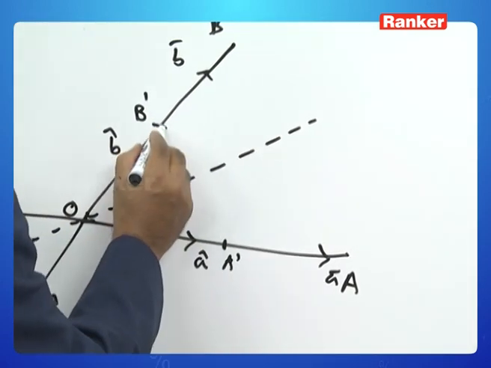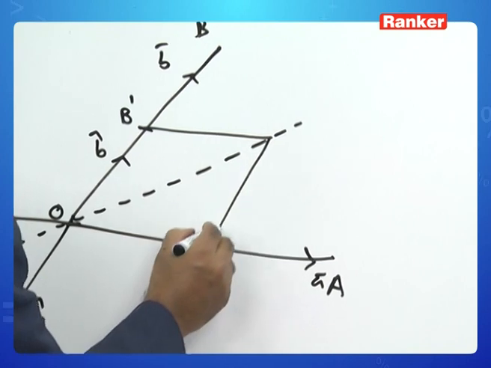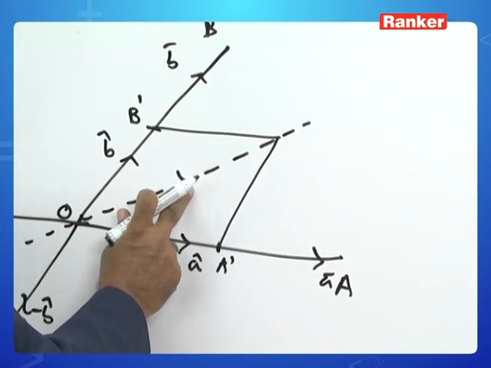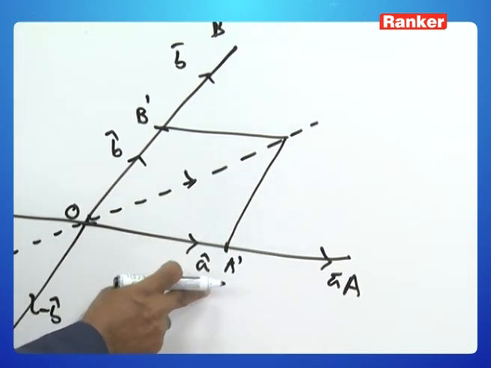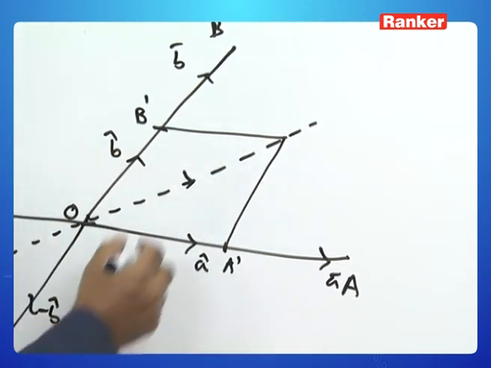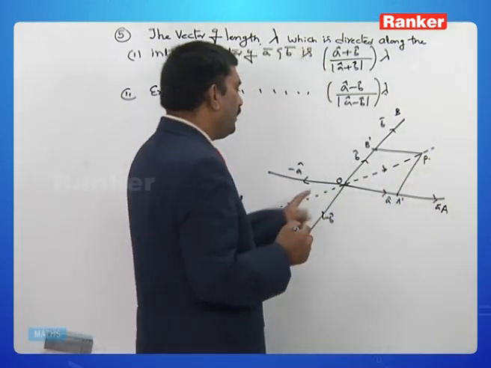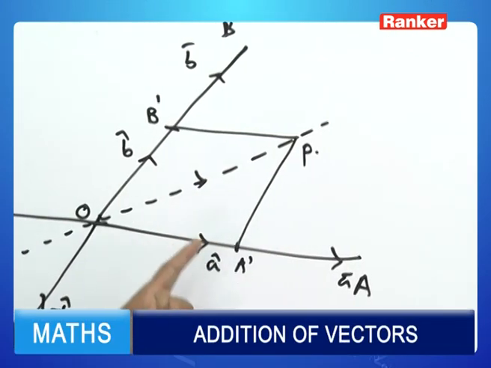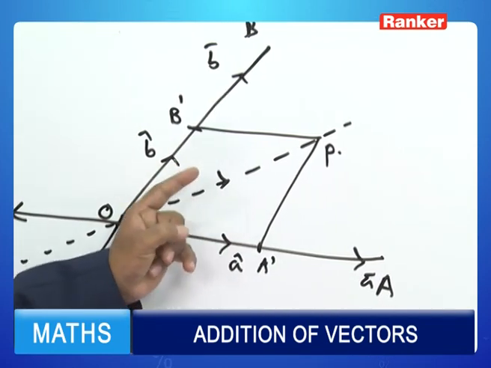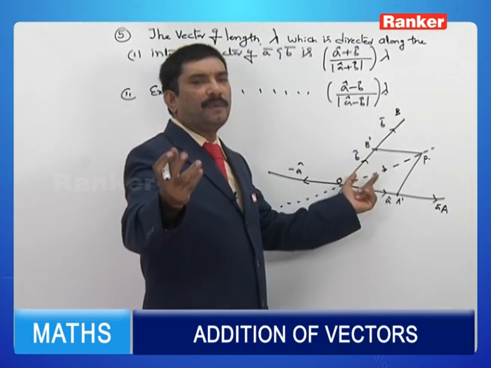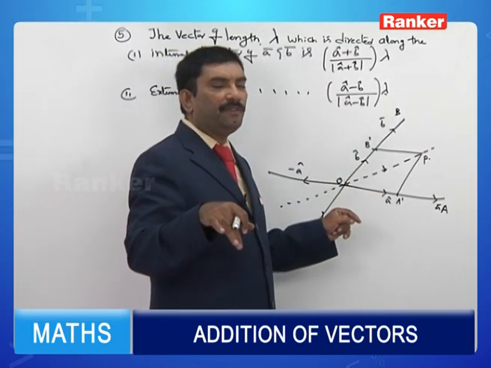So therefore, if I find out this, this is the vector along the internal bisector of A bar and B bar. Now you take this P. So therefore, what is the vector along the internal bisector of A bar and B bar? A cap plus B cap, I mean T into A cap plus B cap. I want a unit vector.